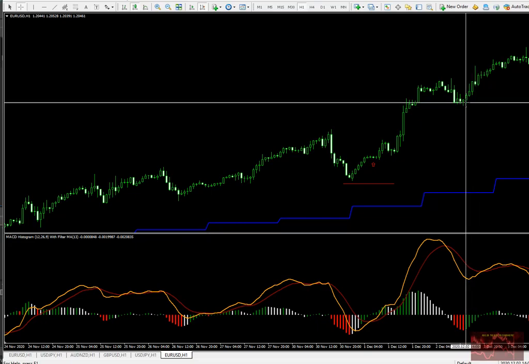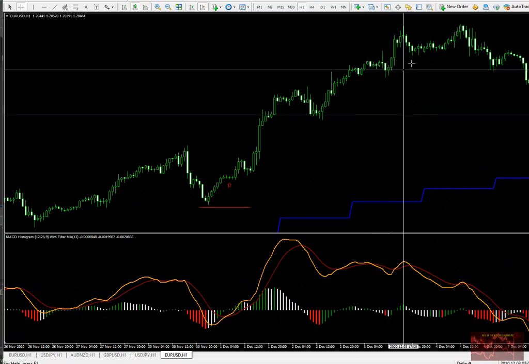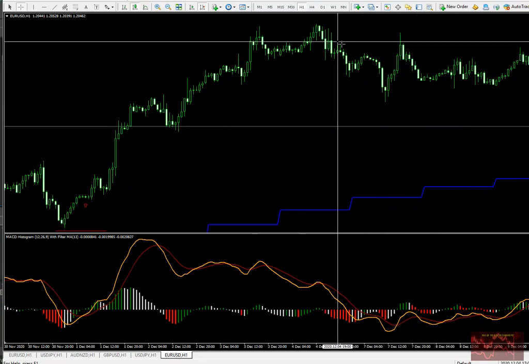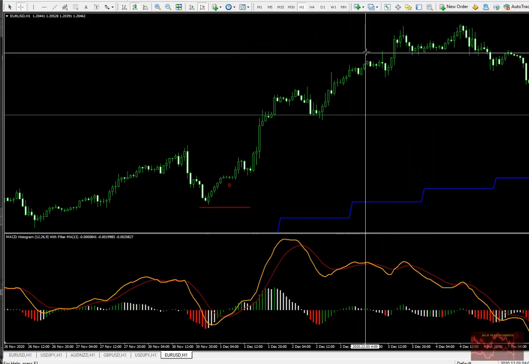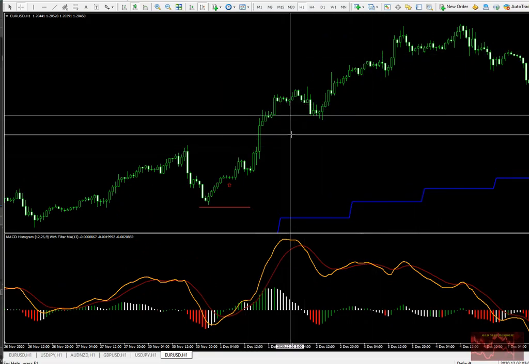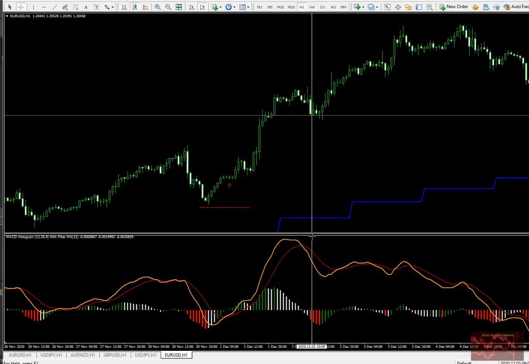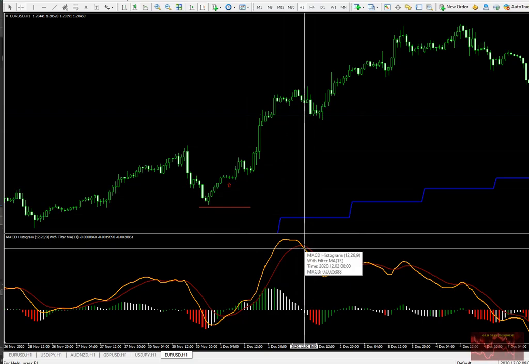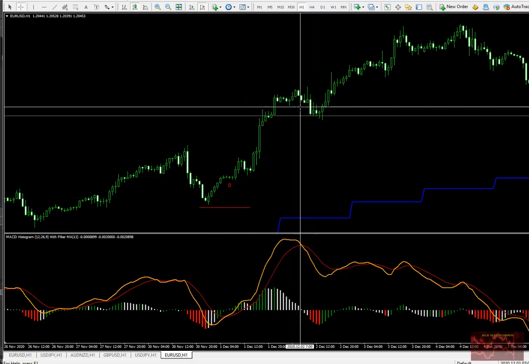In this particular case, price kind of continued, but the way to do that is, what you can sometimes do is exit when the yellow line crosses back under the red line, which in this case would be about here.